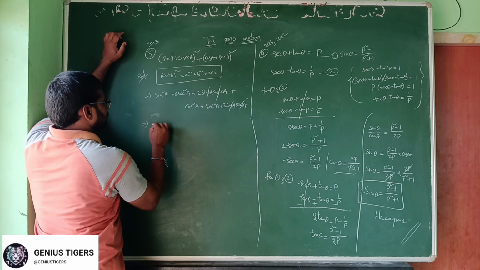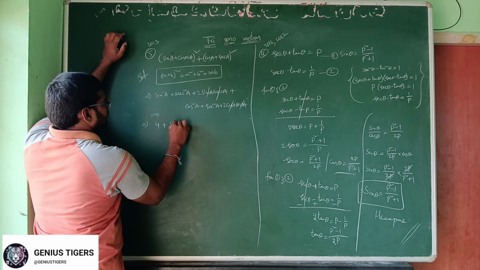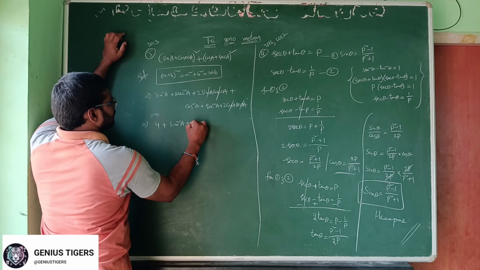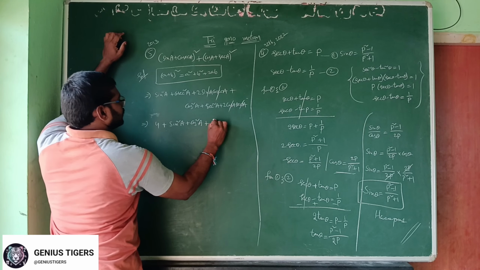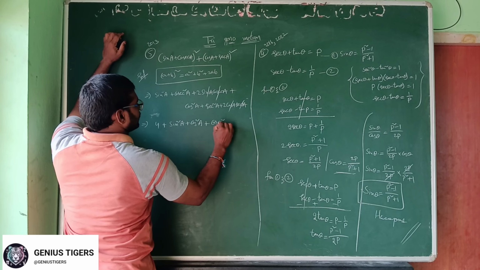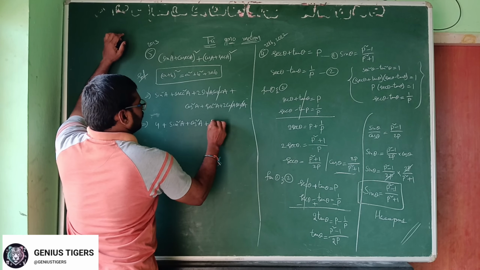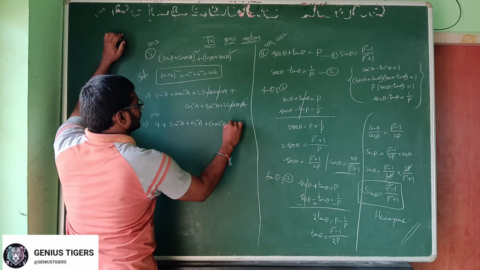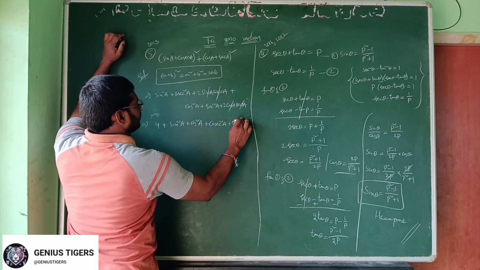Then we get 2 plus 2, that is 4, plus sin square a plus cos square a, then the remaining cosecant square a plus secant square a.